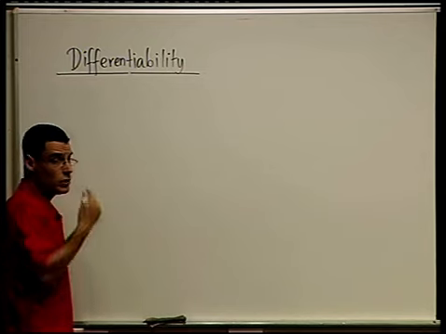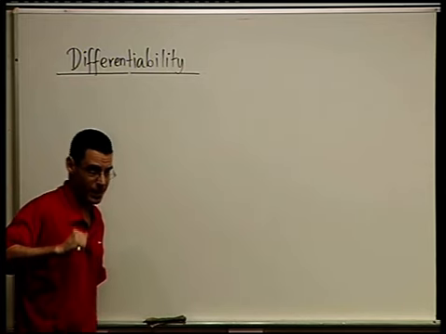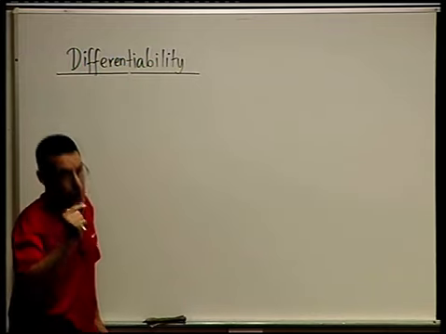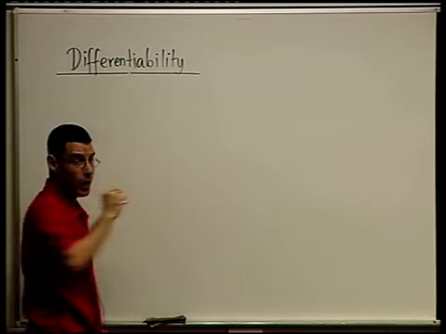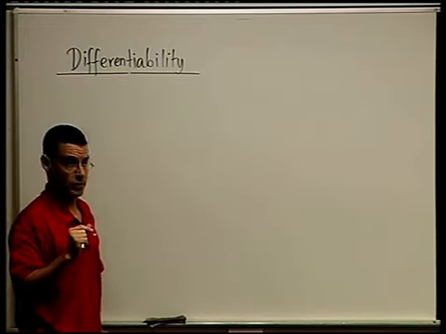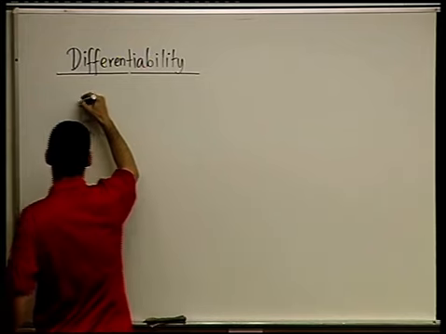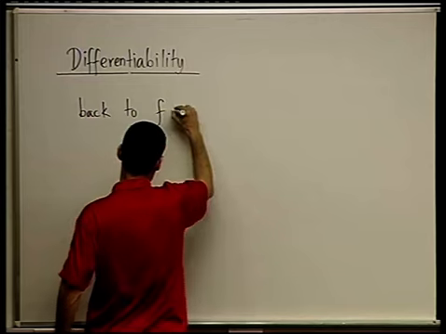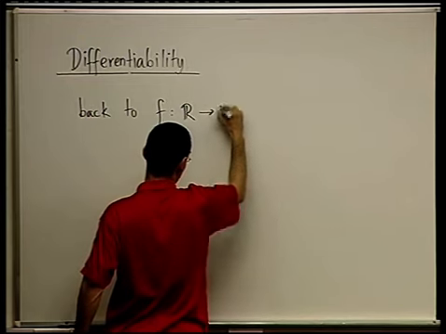In order to do so, I want to take a step back to Calc 1 and discuss the notion of differentiability in Calculus 1, for single variable functions, but from a slightly different point of view. So, back to functions from R to R, to single variable functions.